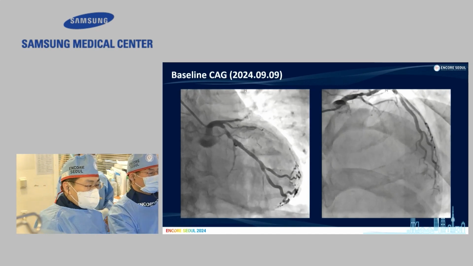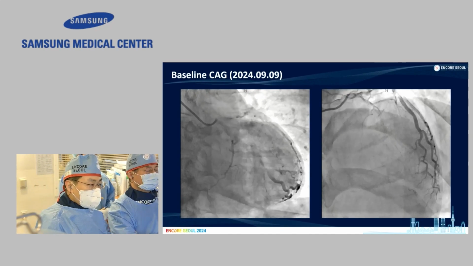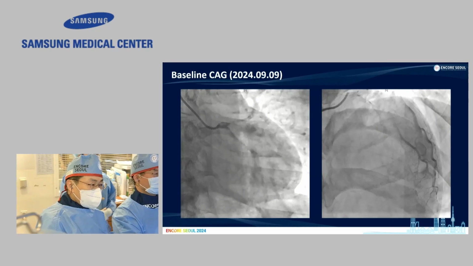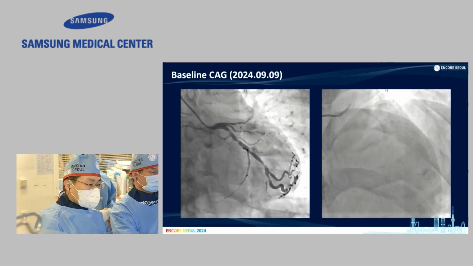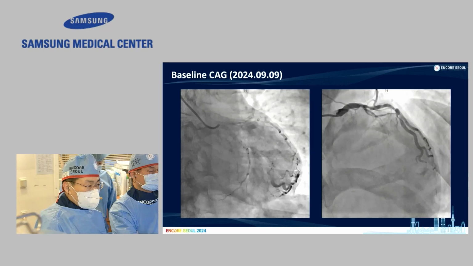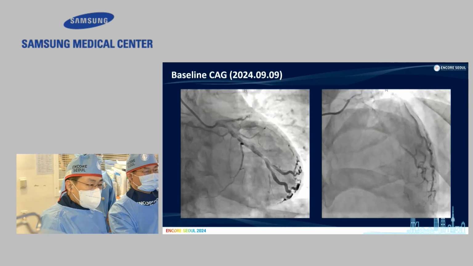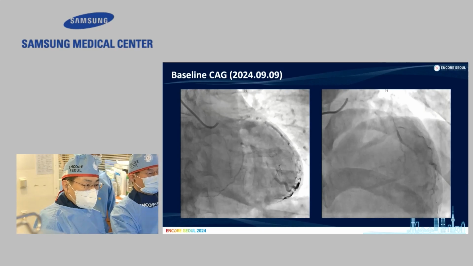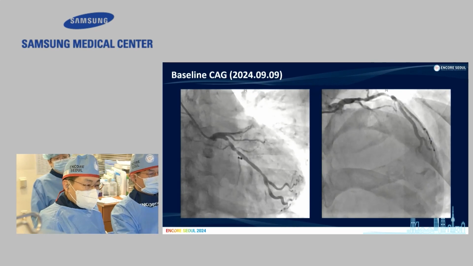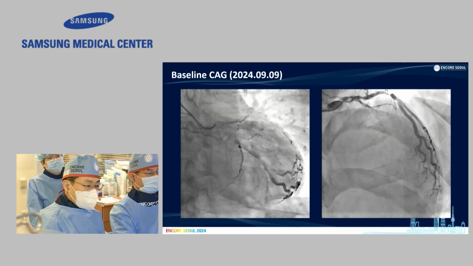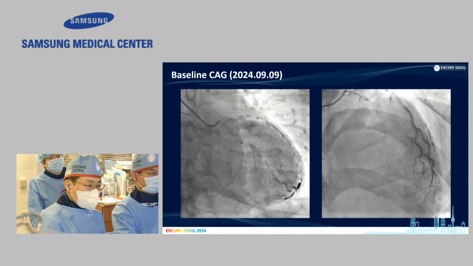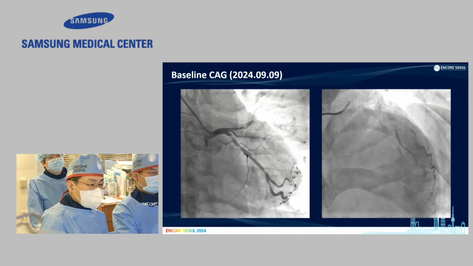In the view of the LCA, there was no significant stenotic lesion in the LCX, but in the epicranial view, we observed the mid-LAD CTO lesion with collateral flow from the LCX to the diagonal branch.